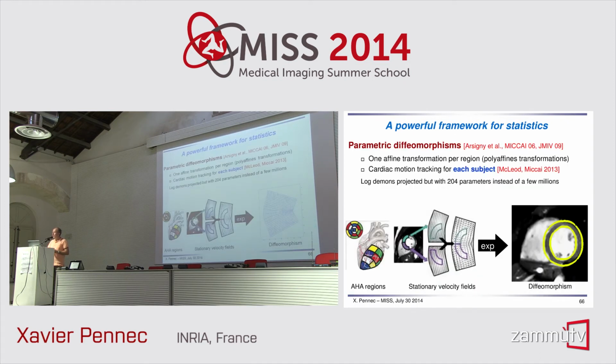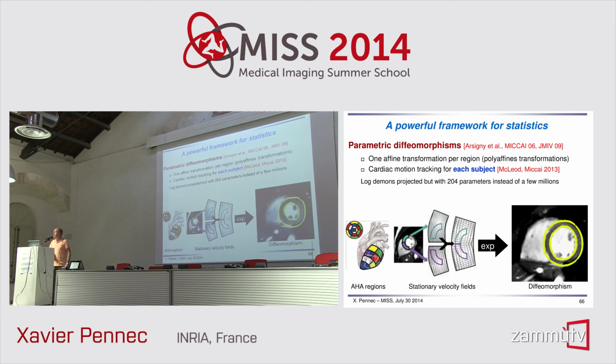Okay, so I'm going to finish by advertising the stationary velocity field framework. In this framework, we can also design other types of statistical analysis, and one of them is to have parametric deformations. The idea is to have locally affine deformations and recombine them with different weights into a single stationary velocity field, and when we take the exponential, we obtain a smooth map.